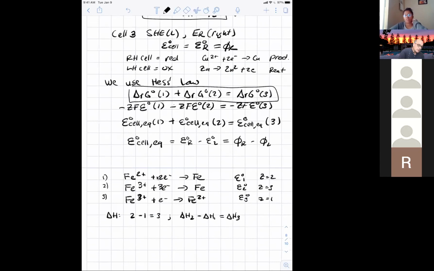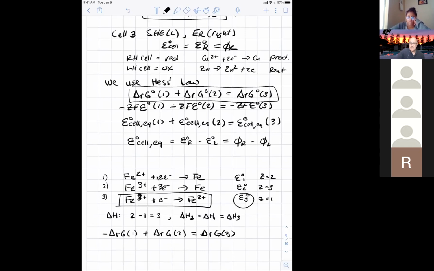So the way we would do it here is, if we want this, knowing the other 2, you can't just do a straight add, right? You have to say, well, delta G3 equals minus delta G1 plus delta G2, to get those pluses and minuses. And maybe stoichiometry, you have to set up a Hess's law type problem, right?